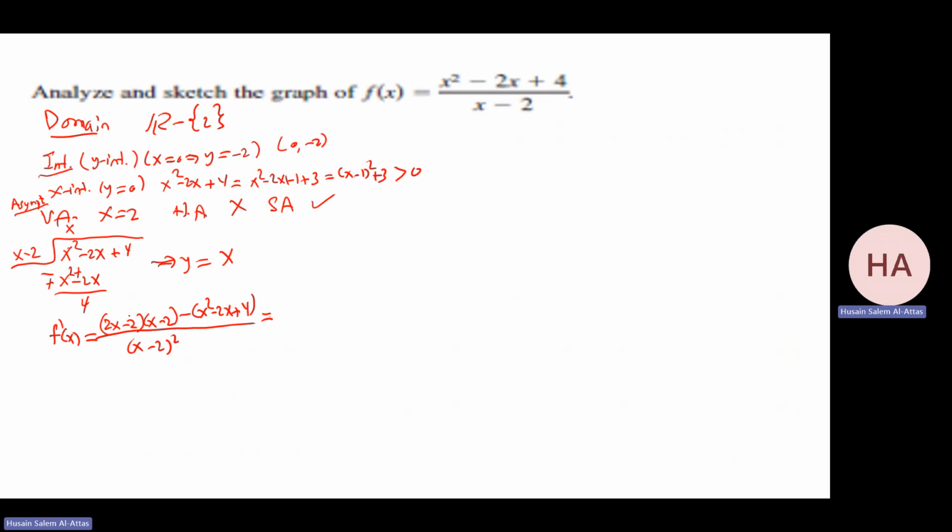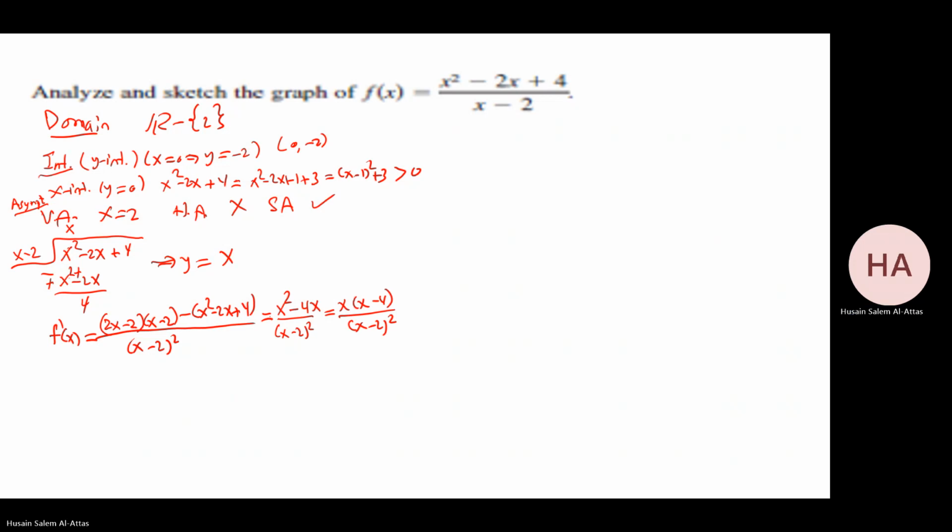That will give me 2x squared minus x squared, that is x squared, minus 2x minus 4x, minus 6x plus 2x, so it will be minus 4x, plus 4 minus 4, that will be 0, over (x minus 2) squared. So that will be x(x minus 4) over (x minus 2) squared.